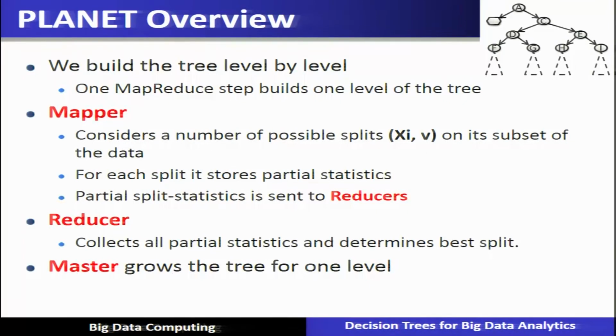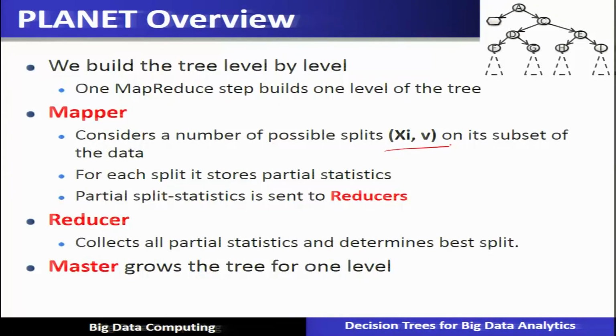As far as the mapper is concerned, it will consider the number of possible splits on the subset of the data, comprising xi and v, and for each split it stores the partial statistics. Partial split statistics are then sent to the reducers. Reducers collect all the partial statistics and determine the best split, and the master grows the tree for one more level.